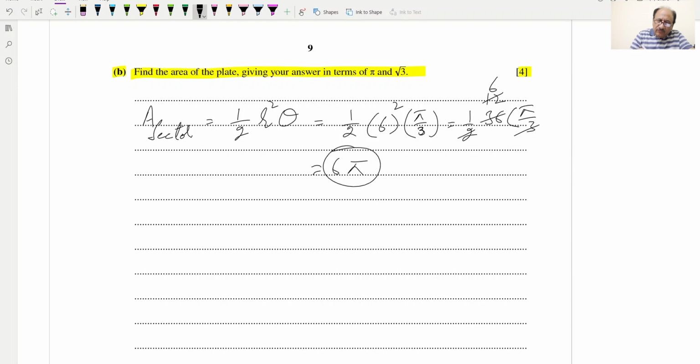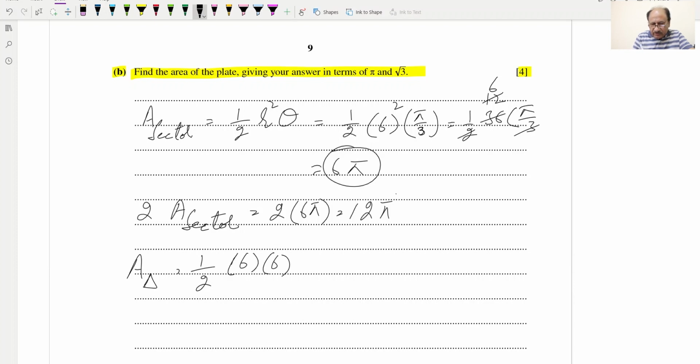So 6 pi is the area of one sector, so 2 times the area of sector will be equal to 2 into 6 pi, which is 12 pi, and from this we will subtract the area of triangle. Now area of triangle is equal to 1 by 2 AB sine C, so both sides are 6, and sine of pi by 3.